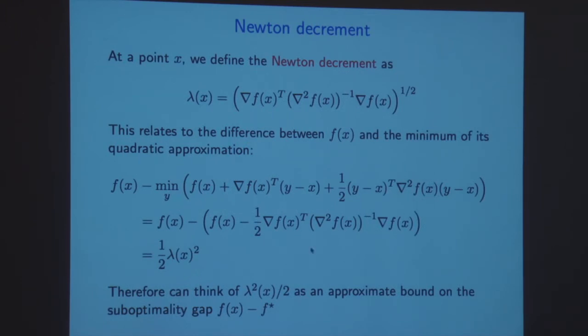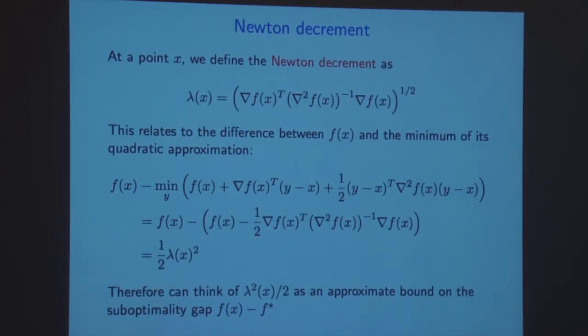So overall, we end up just getting a minus 1/2 times that term. And remember, this is exactly equal to lambda of x squared over 2, by the way we've defined it. So we can think about it as an approximate bound on the suboptimality gap. It's not really giving us, according to this calculation, a very rigorous bound on the suboptimality gap.